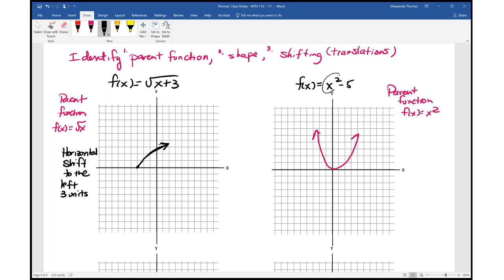Notice we have the parent function plus or minus c. If you have some plus or minus c, that is vertical shifting. Vertical shift where? Exactly where you think it should go. Down 5 units. So I'm taking that center, going down 1, 2, 3, 4, 5. We're here. So our new function is down here. Same shape though.